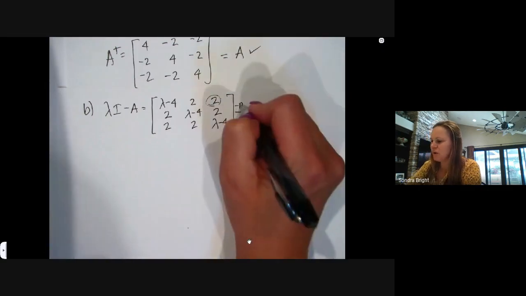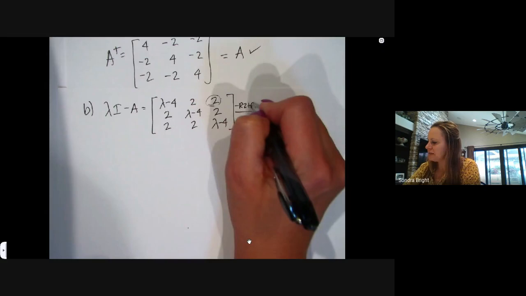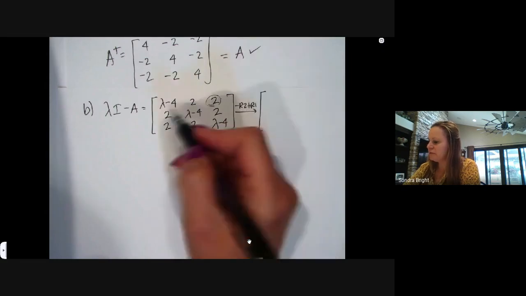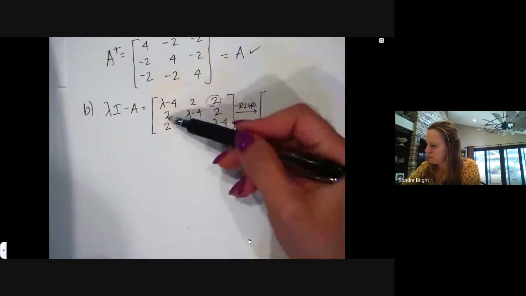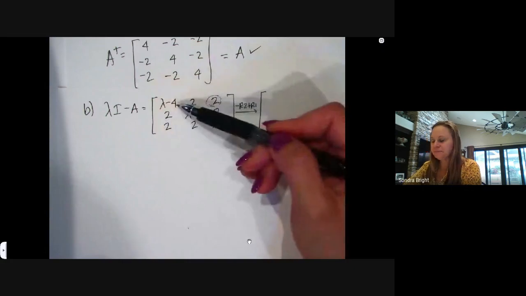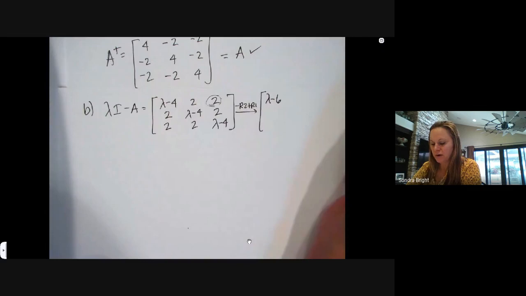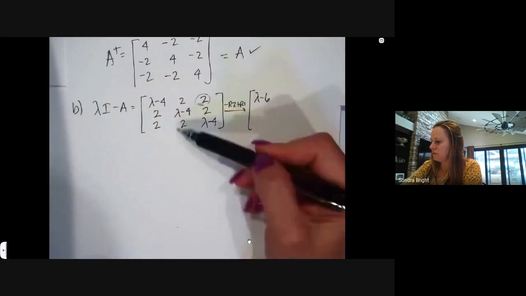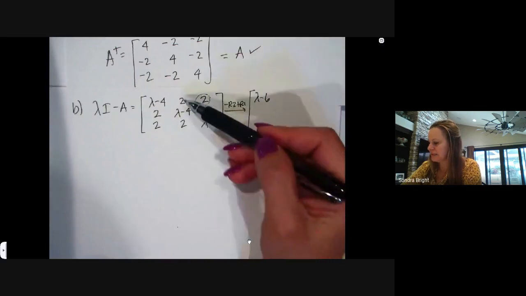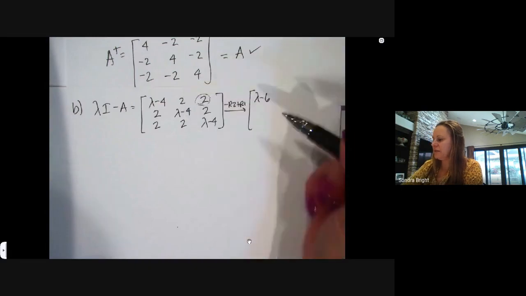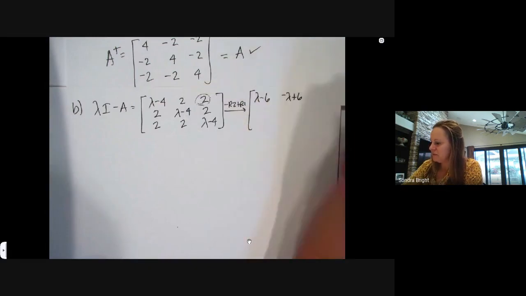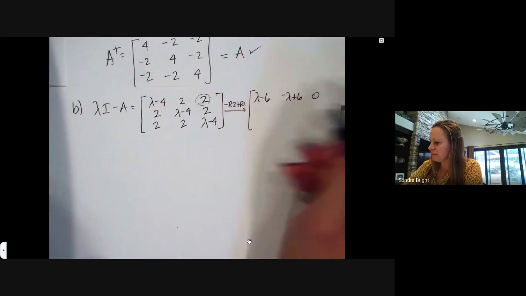You get just one of them 0. And so it's a -2 plus lambda minus 4, which will give me now a lambda minus 6. Negative lambda plus 4 plus 2, so it's a negative lambda plus 6, and then a -2 plus 2 gives you 0. The rest of the rows will stay the same because that's the only one I'm going to change.